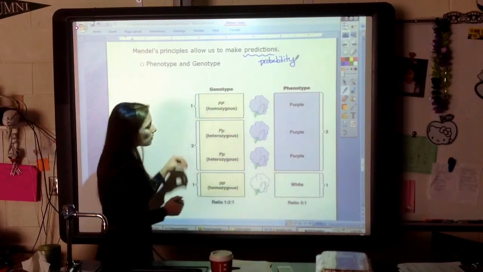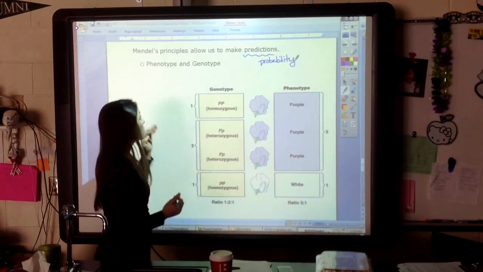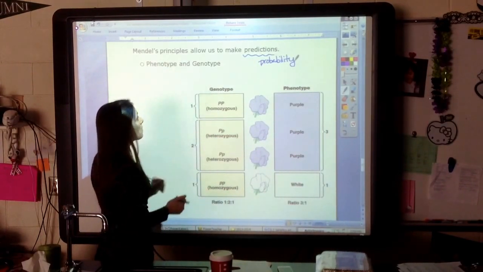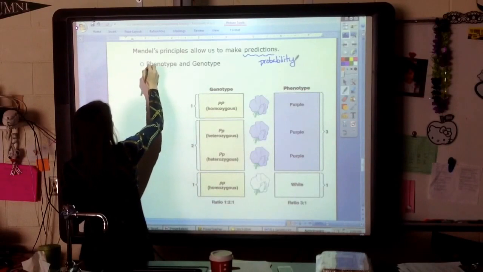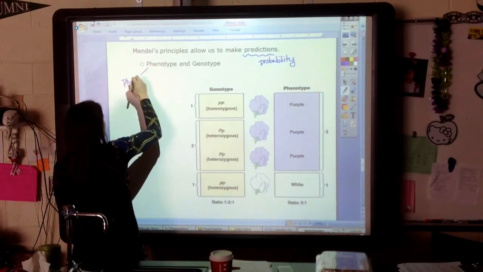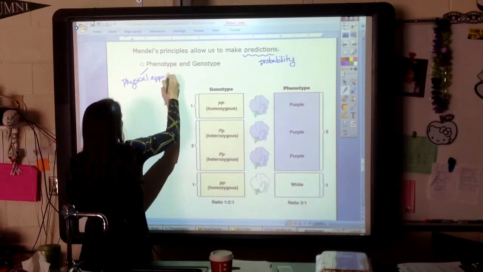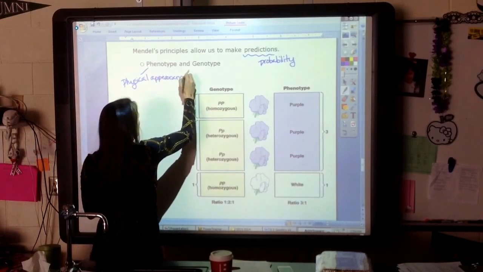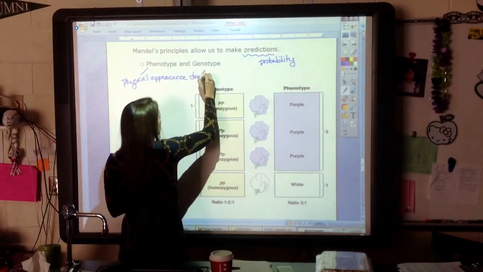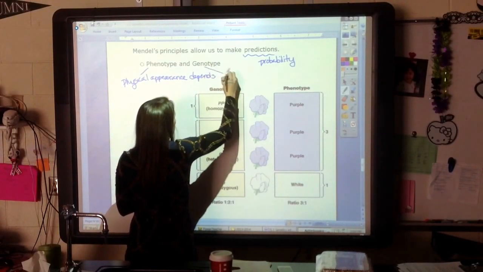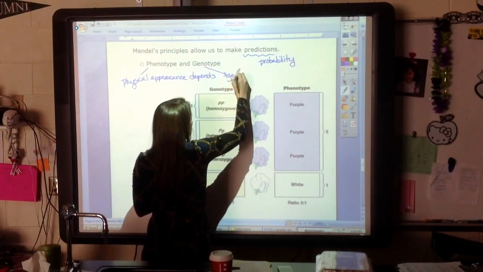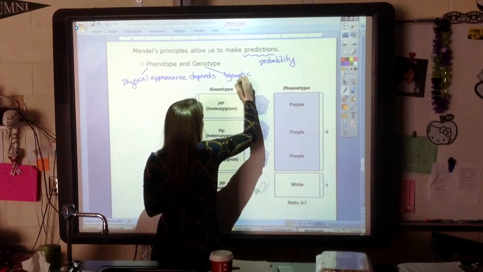One of the things that we want to be really careful with, though, are these words phenotype and genotype. Remember, phenotype is the physical appearance, and this physical appearance depends on the genotype, which is the genetic representation.